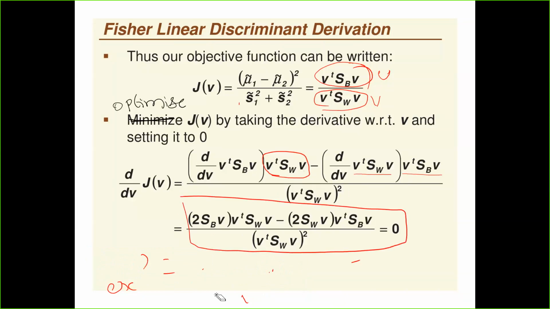Are you with me so far? Following? A bit of mathematics here, but if you understand, you will enjoy this. Sir, we have numerator V transpose and denominator V transpose. Can't we cancel it, sir? Where, madam? V transpose SWV.